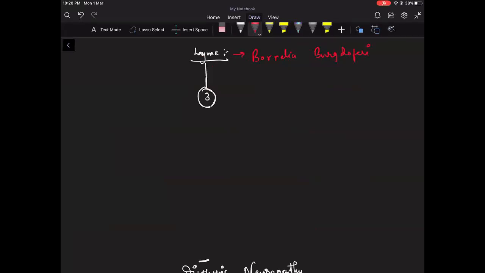There are 3 patterns here which we have to remember. The patient can have a facial neuropathy presentation.